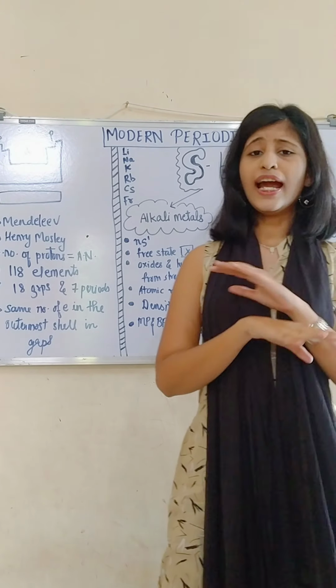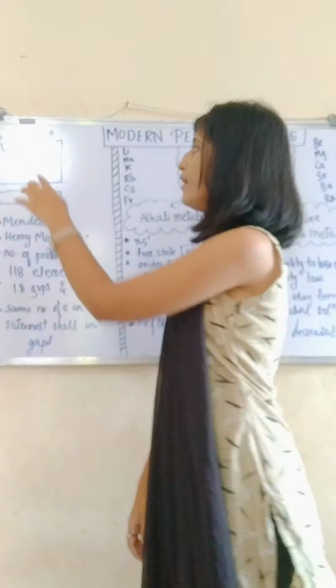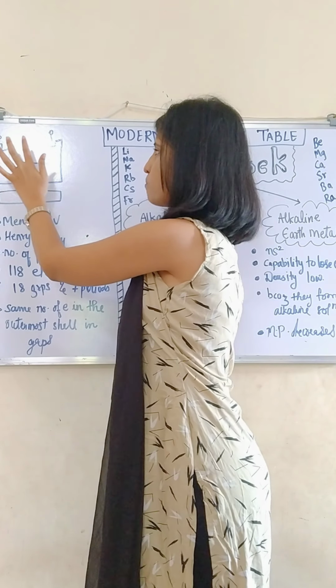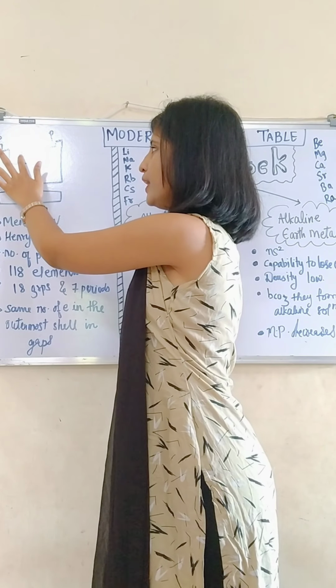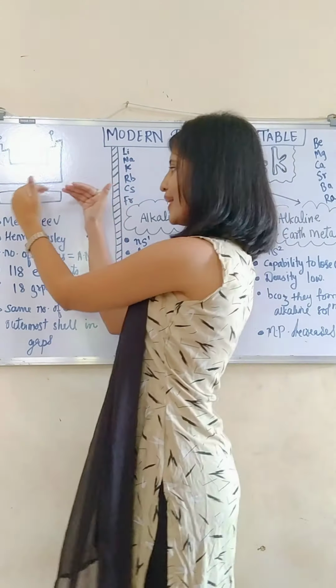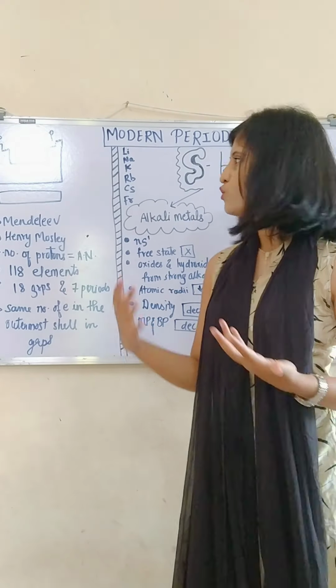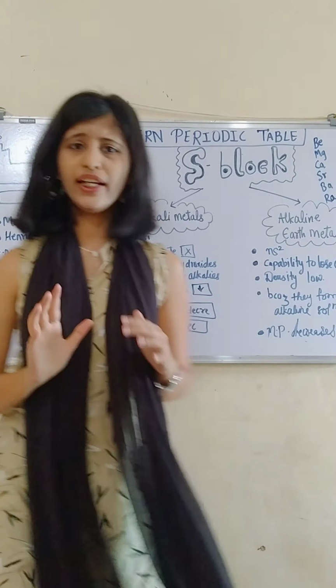Now this entire periodic table is classified into 4 blocks. This one is the S block, this is the P block, D block, and down we have the F block. Why is this F block placed below the periodic table? We will study it blockwise.